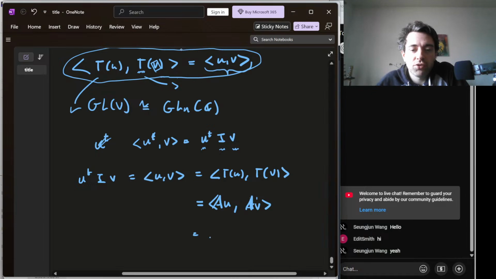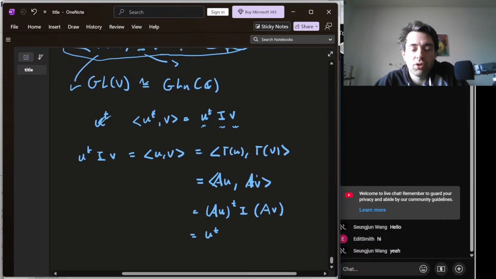By our previous formula, that's (Au)^T times the identity matrix times Av, which would be u^T A^T A v.